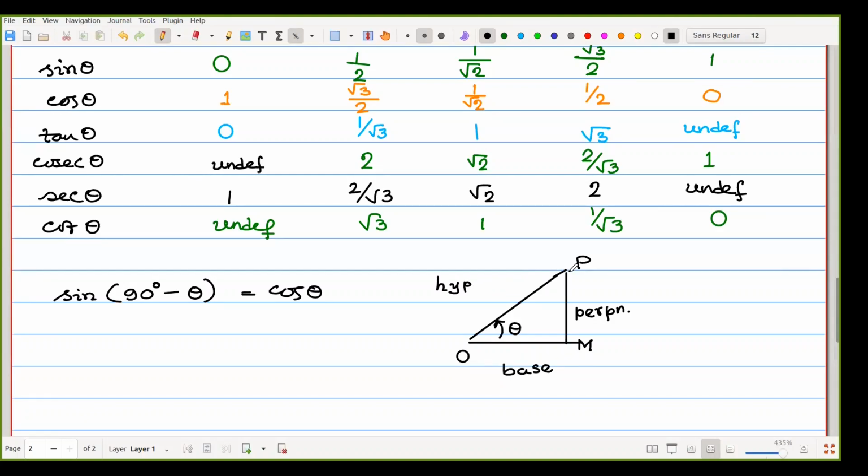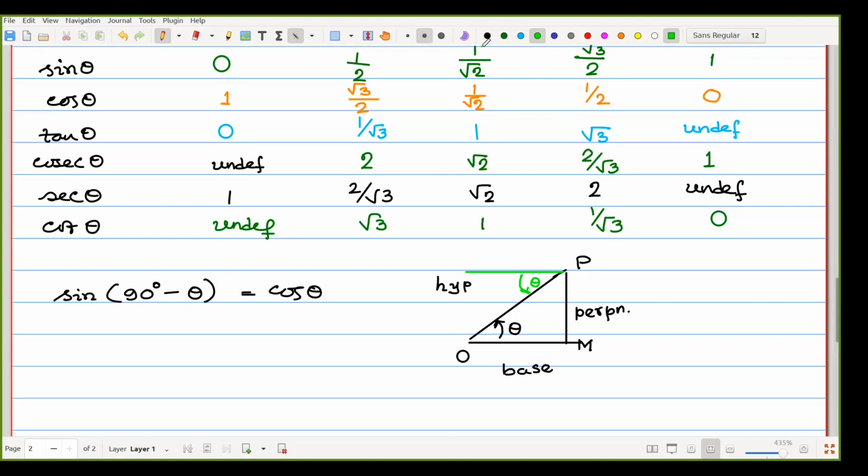Okay, and according to that, we have another line. Suppose I am drawing here, that is parallel with OM. Now, when that is parallel with OM, we have that one angle is also theta.